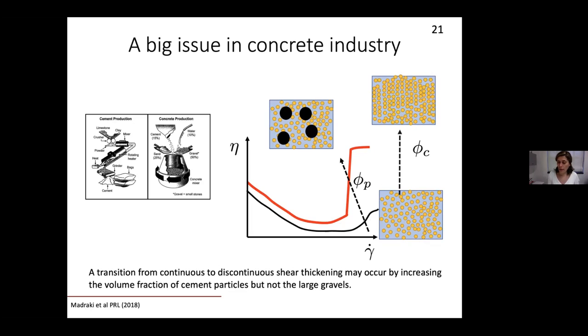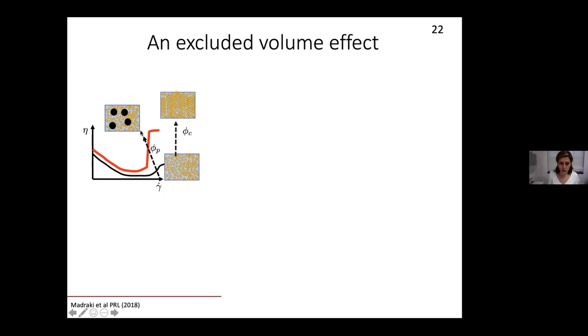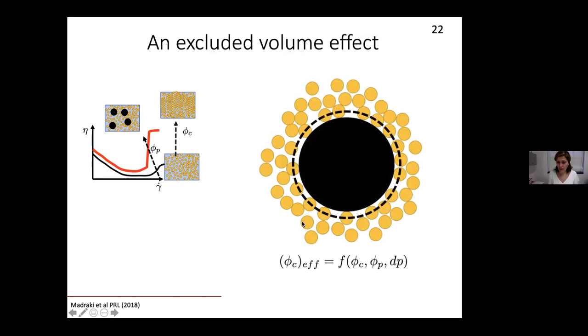So it tells me that when I add these large non-Brownian particles into the system, something happens that changes the volume fraction of these small grains. We can think of it like this: imagine that I have these suspensions of cornstarch grains in water, and then I keep adding large non-Brownian particles into the system.